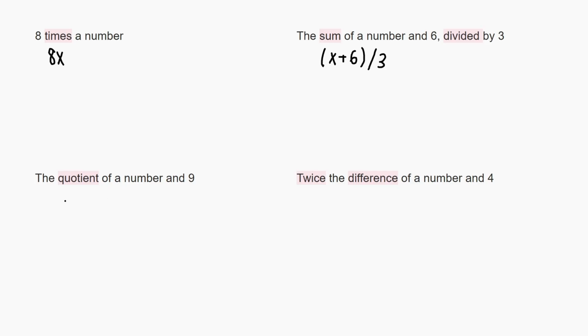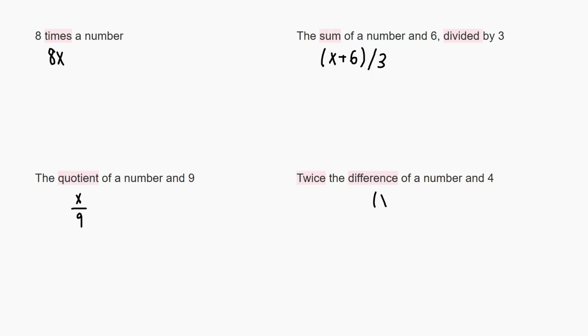For this one, we have the quotient of a number and 9. Quotient implies division. We're going to do x divided by 9. And for this one, we have twice the difference of a number and 4. As you can see here, difference is a grouping word, which implies that we're going to subtract first.